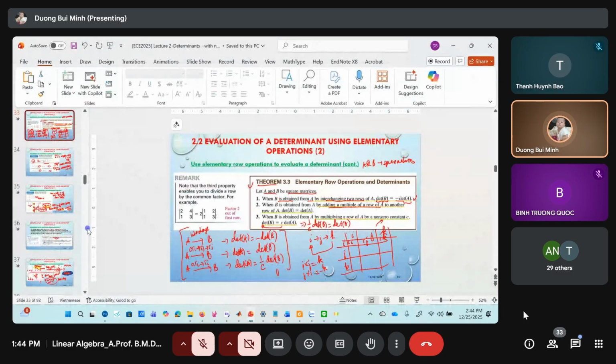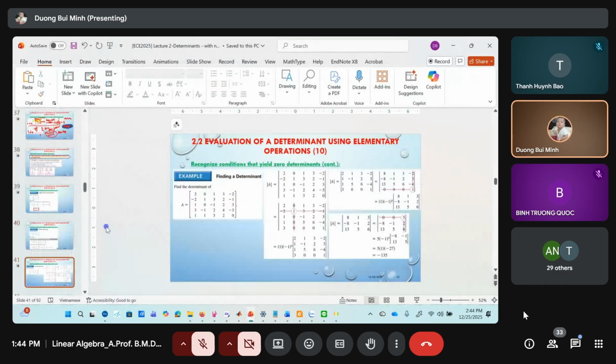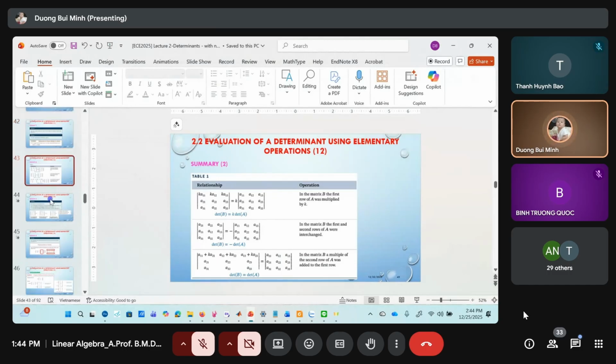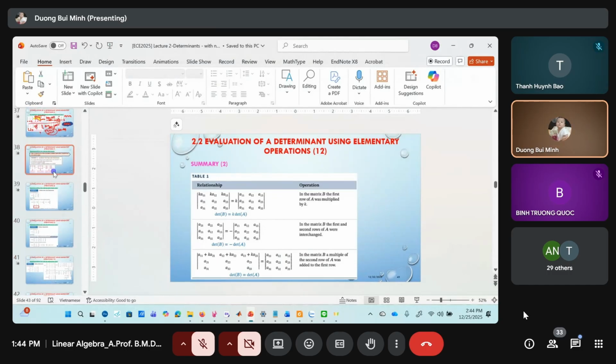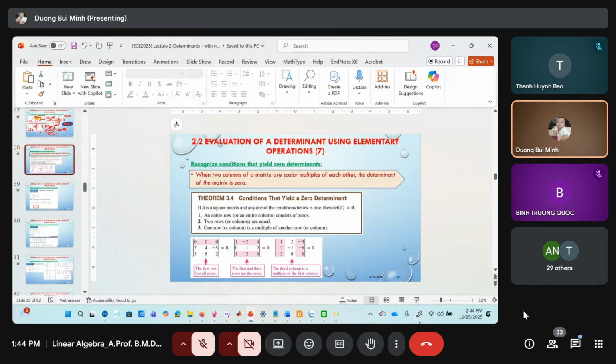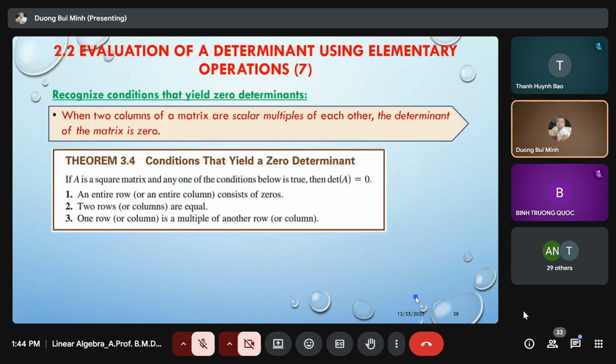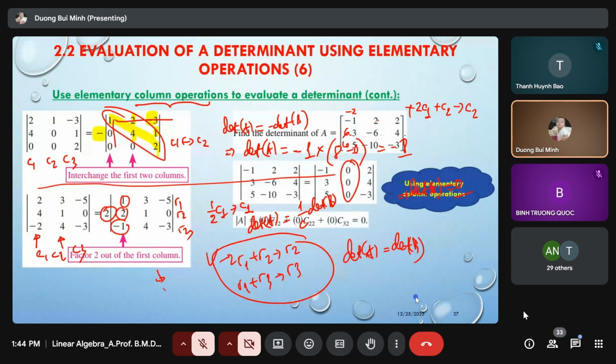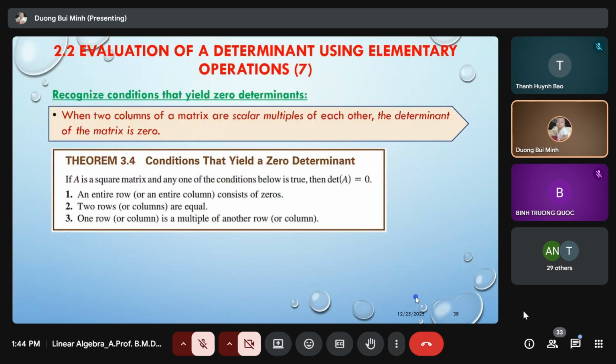Okay, we're coming back. So, continue. Here are just some theorems.